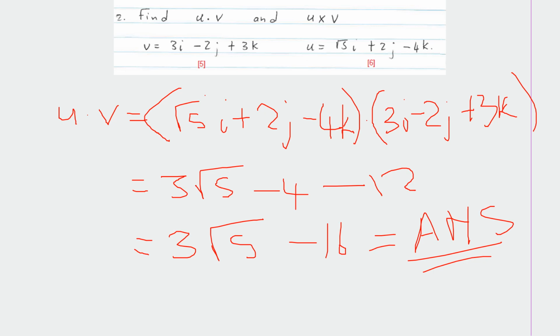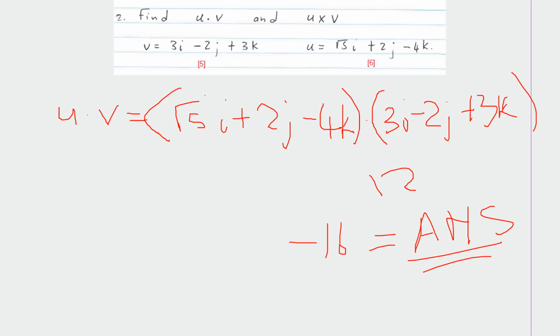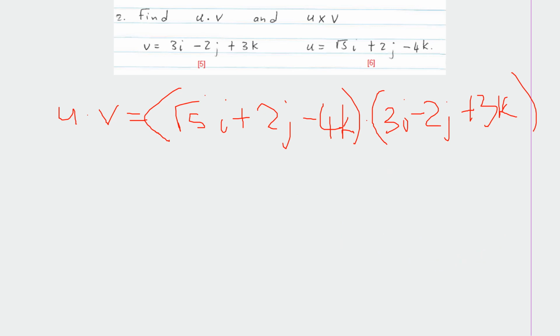So let's say now we want to find a vector product between the two same vectors. Remember, a vector product is denoted by a multiplication between the vectors. Let's say, for example, it will be like this. When you find a vector product, you're going to use what we call a determinant.